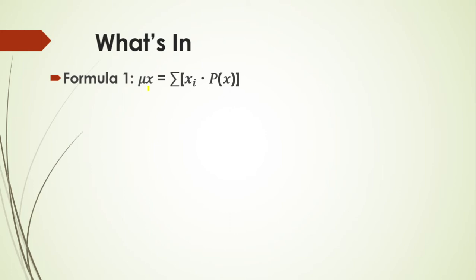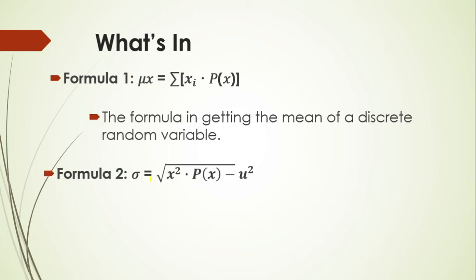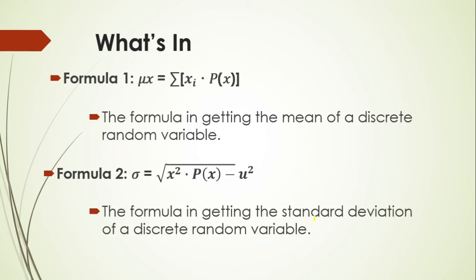This is the formula in getting the mean of a discrete random variable. Next, the variance is equal to the summation of x squared times p of x minus the mean squared. This is for getting the variance of a discrete random variable.